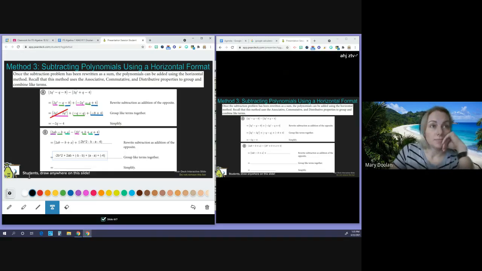I could put the parentheses here too. And it makes you see how there are exactly 5 groups, because there are 5 different types of terms amongst the 2 polynomials.